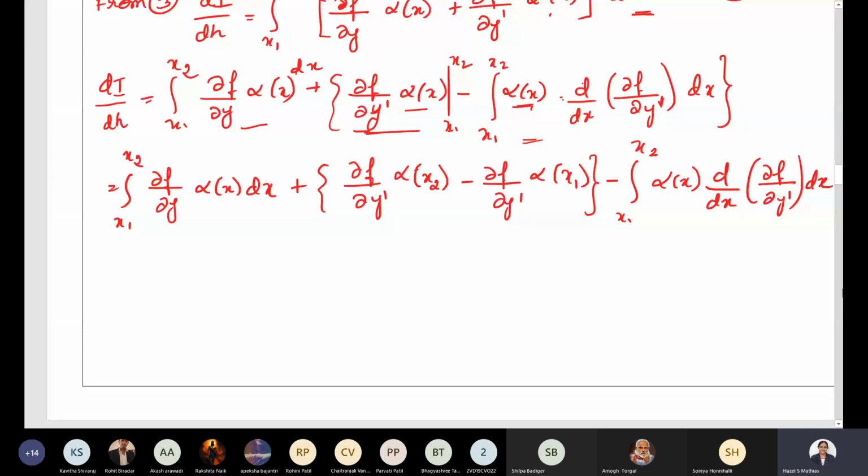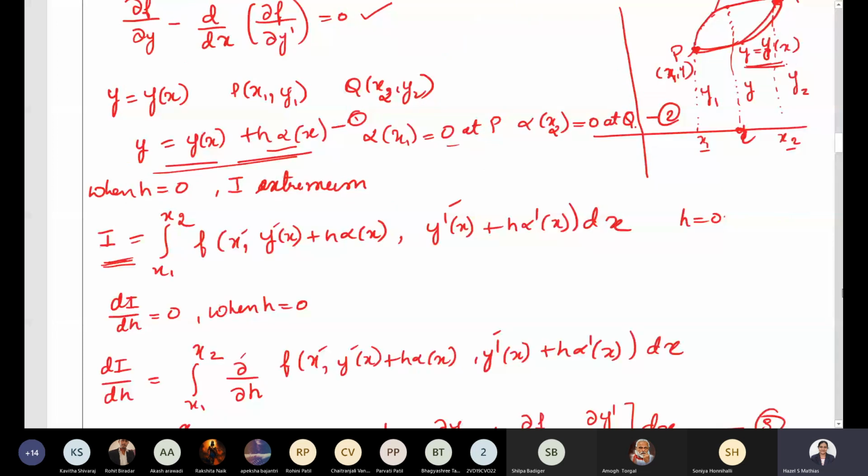Now from equation 2, we have the two conditions alpha of x1 equal to 0 at P and alpha of x2 equal to 0 at Q, which we are going to put over here.